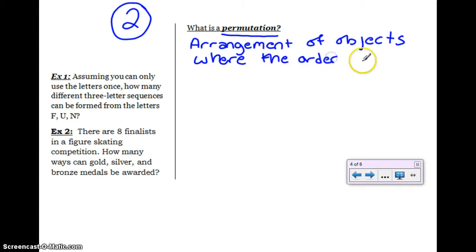All right. What I mean by the order mattering is, in the first example, we're trying to arrange the letters F-U-N in fun, right?